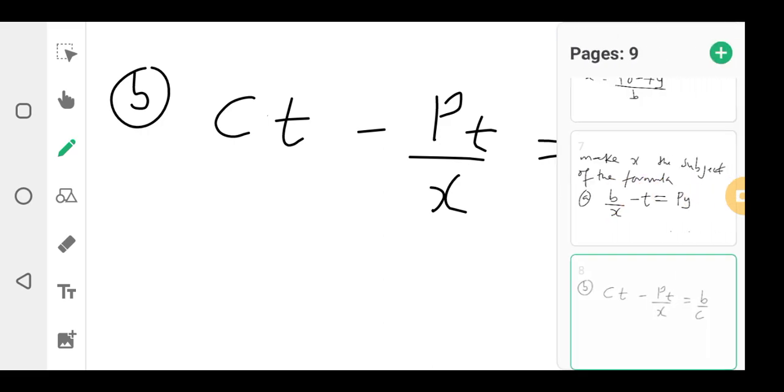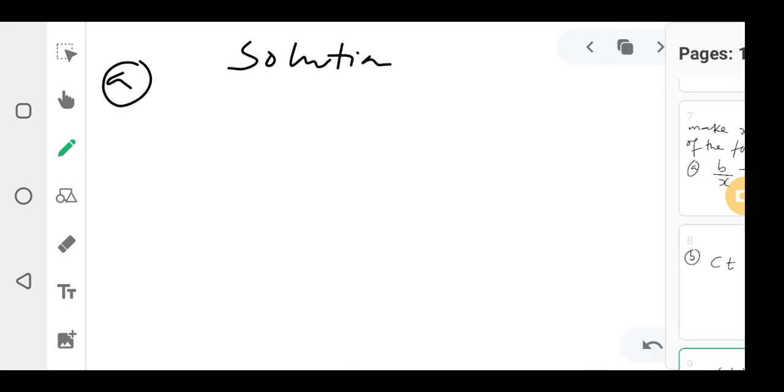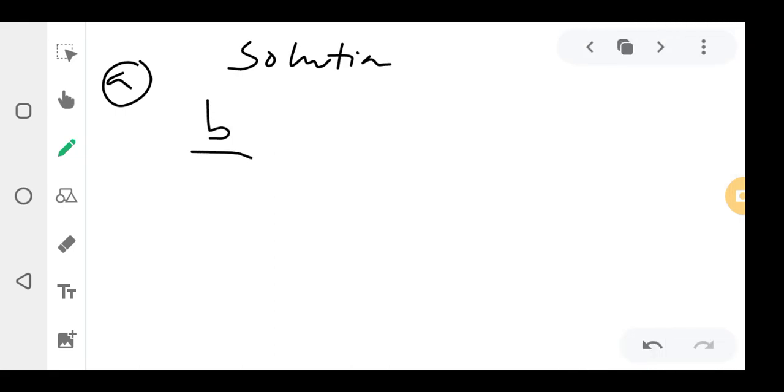So we'll start with the first one. Question A. So these are solutions for those two questions. Question A is b over x minus t is equal to py.